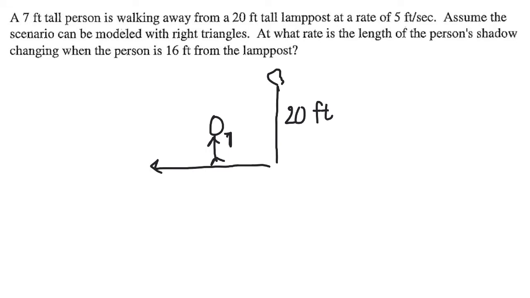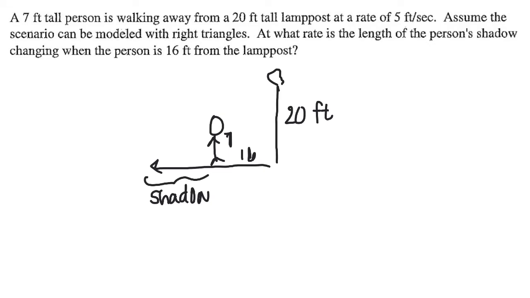Assume right triangles. At what rate is the length of the person's shadow changing? So his shadow would be here. So I need to know, how is that shadow changing when the person is 16 feet from the lamppost?